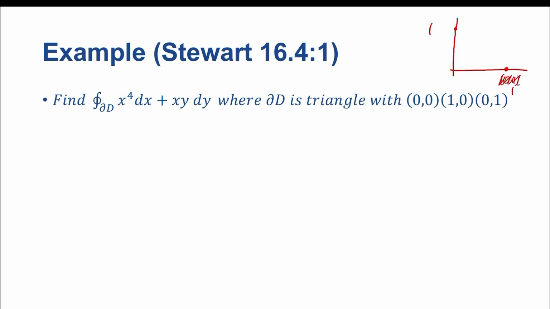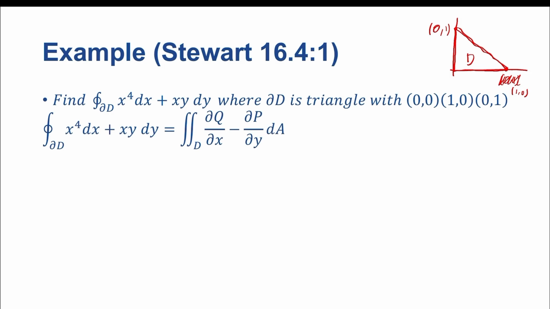This here is 1, 0, and this here is 0, 1. Could have swapped the axes, but that was a really stupid mistake on my part. Anyways, we have this line segment connecting them, and this makes up our curve. So the domain D is in here. So we can say that we're integrating along this closed loop, thus the circle over the line integral.